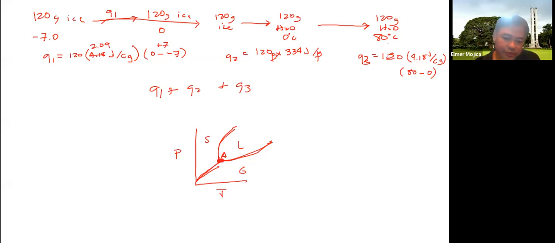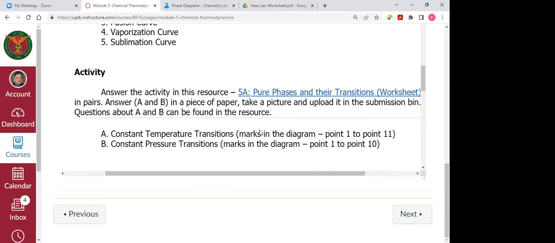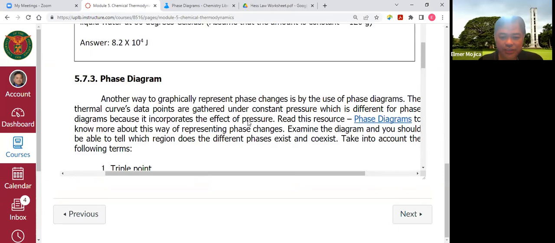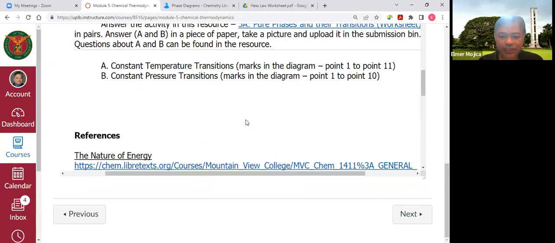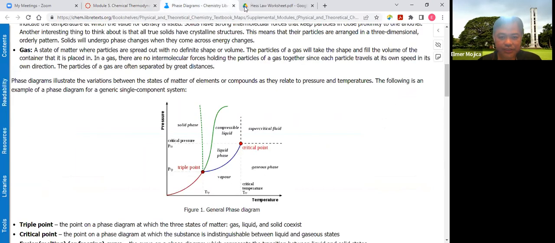Okay? So if you're going to look at this point here that I put as A, it's made up of what? Solid, liquid, and gas. That's why we call it the triple point. Clear ba? Yes po. Okay? So yung triple point na makikita natin dyan, dito tayo sa phase diagram.